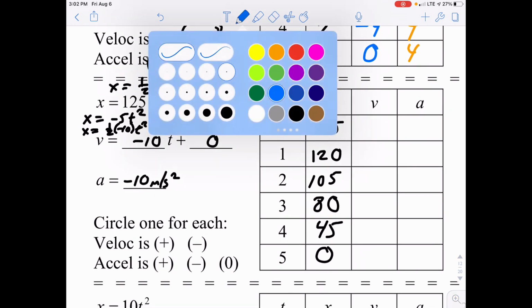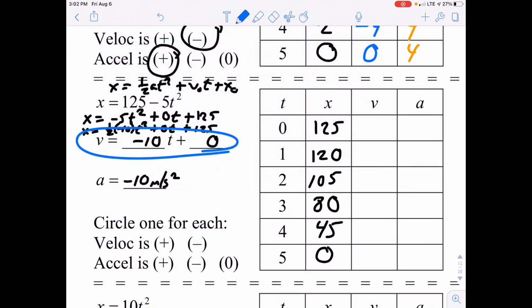The velocity data, same thing, but I'm using this equation here. And since I don't need to write the 0, it's really negative 10 times t. So at t equals 0, velocity equals 0. So this object starts from rest. At time equals 1 second, negative 10 times 1 is negative 10.